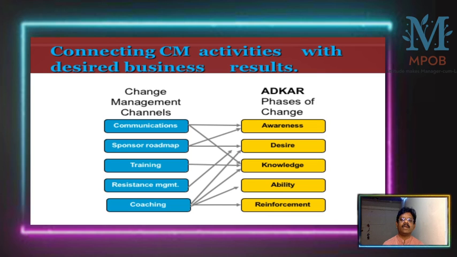Training is related to knowledge, because new knowledge they have to acquire, and resistance to the management is related to desire, maybe positive or negative. Then coaching is related to desire, knowledge, ability, and reinforcement. So as a whole, coaching and training are the two major things that will bring the expected, desired result out of this change management activity, right?